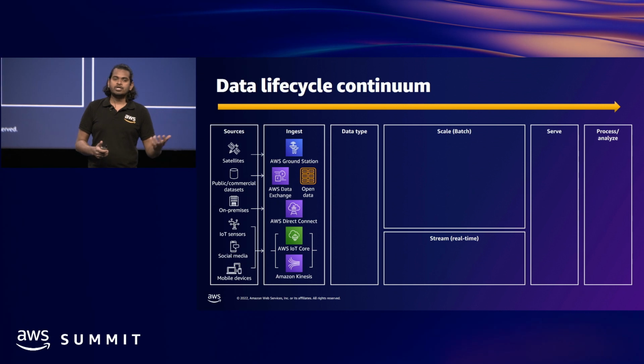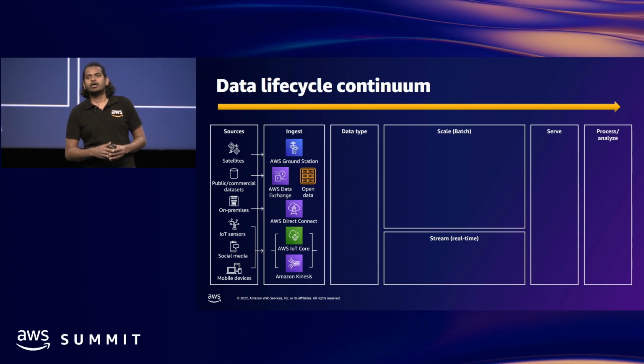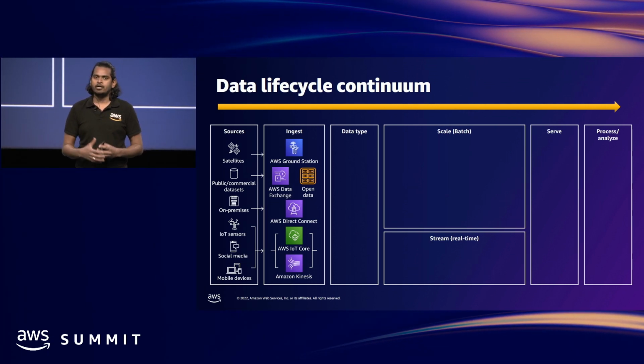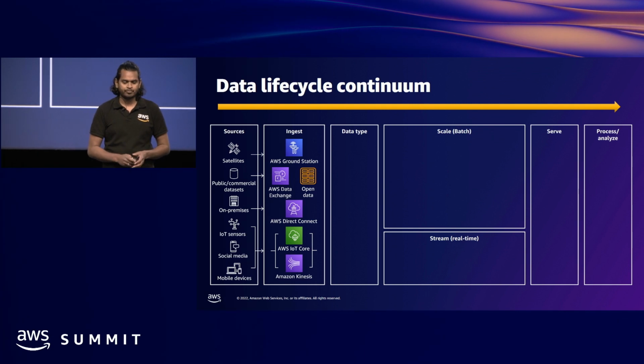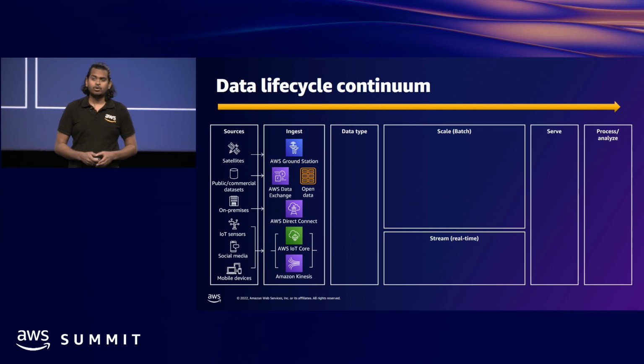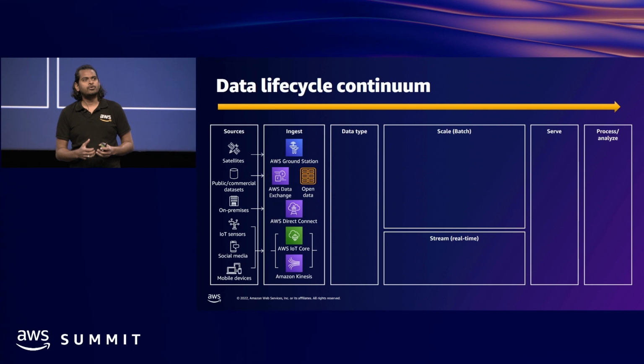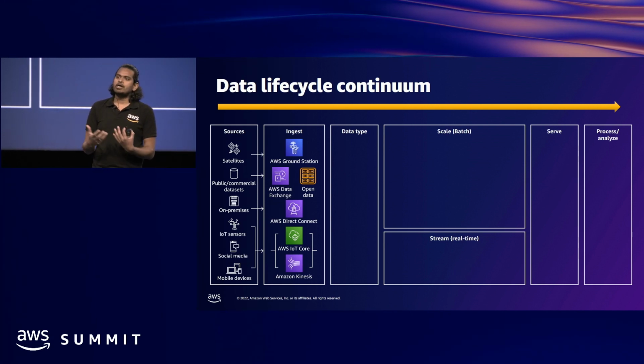And then networking services like Direct Connect allow you to connect to your on-premises and get that data into your data platform. Similarly, IoT Core and Amazon Kinesis can allow you to get your data from streaming IoT devices into your platform.